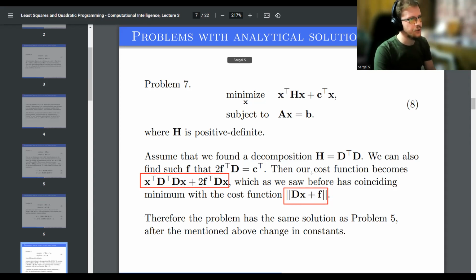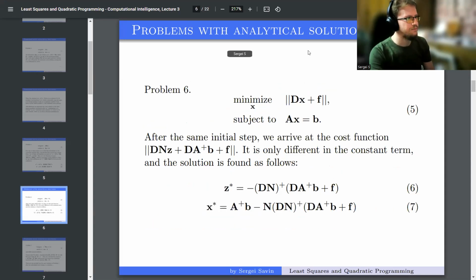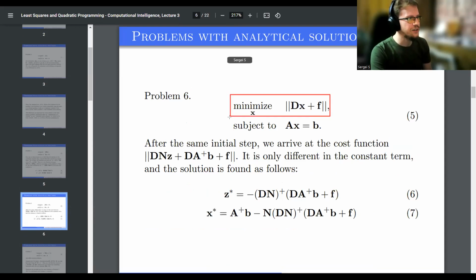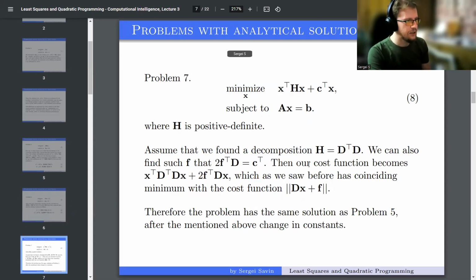So, therefore, this problem becomes exactly the same as this problem, because we minimize the exact same function with the exact same constraints, right? dx plus f, constraints are the same.